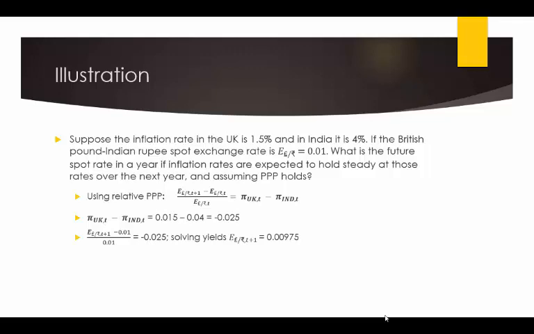Assuming PPP holds, we use the relative PPP formula to find that the percent change in the pound-rupee exchange rate is given by the difference between the British and Indian inflation rates. That is negative 2.5%. The pound is therefore expected to depreciate by negative 2.5%. That is, it is expected to appreciate by 2.5% against the rupee over a year. This means the forecasted exchange rate a year from now is computed to be 0.00975.